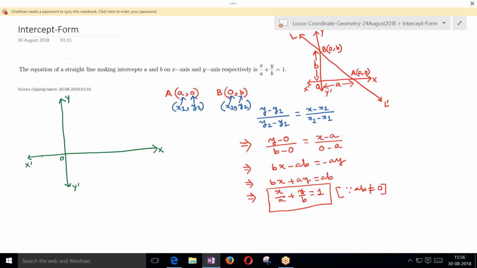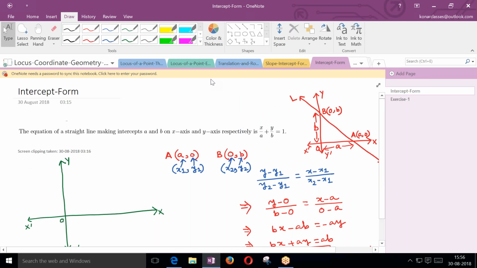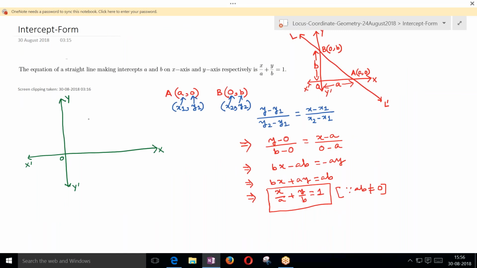This is the origin. Now we can have multiple intercept forms. One form could be this one, where both the x-intercept and y-intercept are positive. Here the equation will be in the form x by a plus y by b is equal to 1.